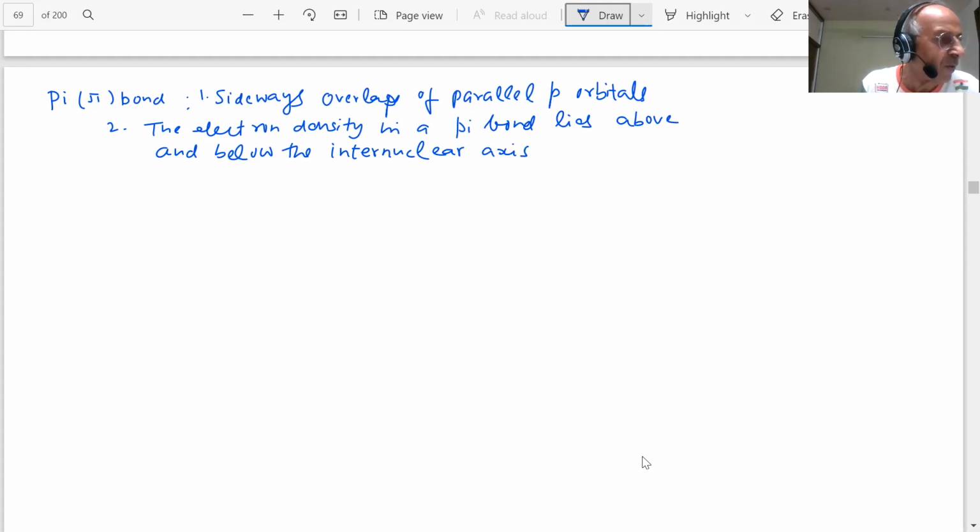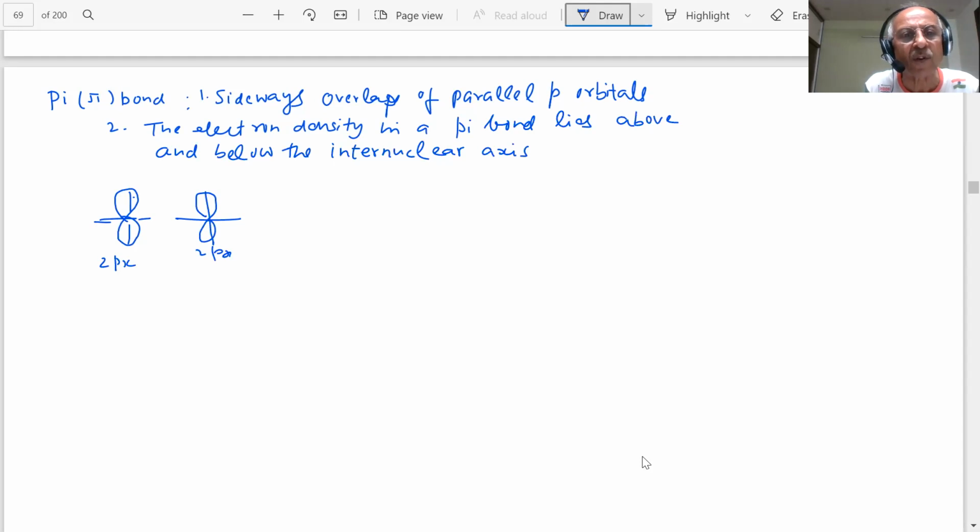So what is the result? This is the shape of one p orbital. If pz was like that, which we showed head-on, then supposing this is my 2px and there is another 2px, these are a sideways overlap. As you can see, they are parallel to each other.